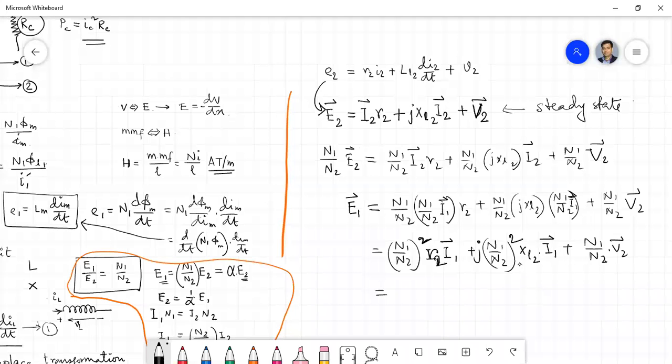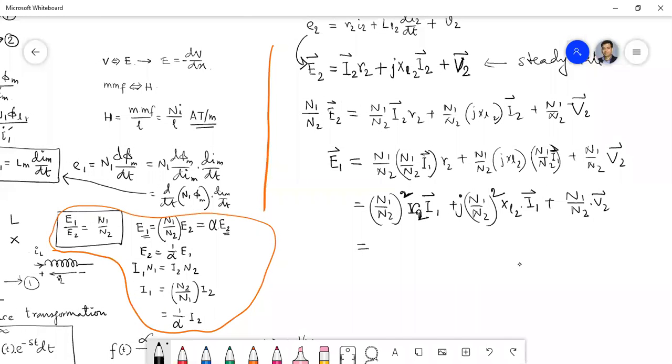We are just writing the equation in terms of E1 and I1. Now you see, what is the unit of N1 by N2 whole square?